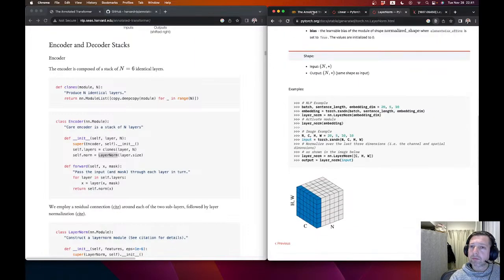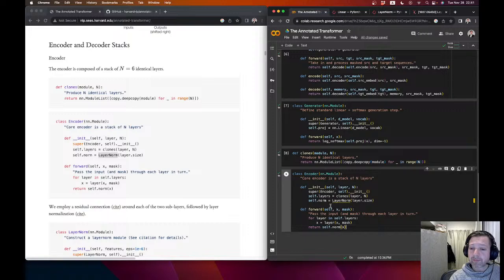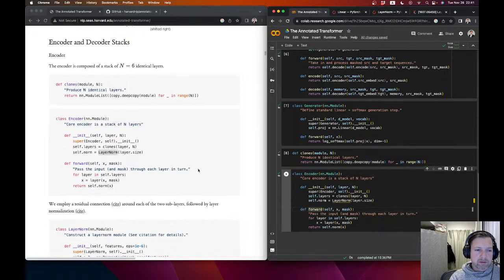Okay. Well, I guess, maybe setting that aside, we can see that in the forward pass, it just goes through all of the layers and then normalizes at the end. So I'm not really sure.